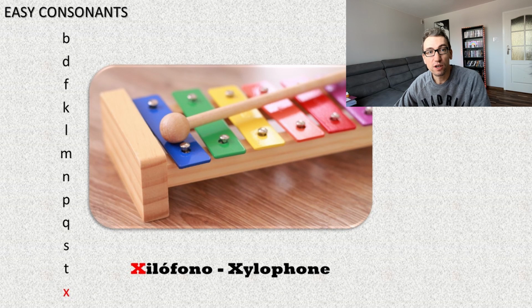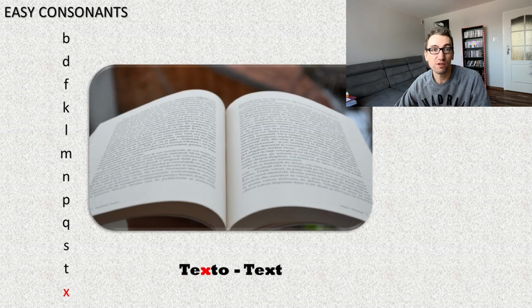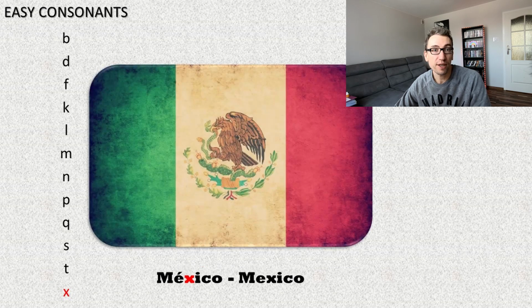If you are thinking what the heck is xylophone, you have the picture, but I can give you a more normal example, and it will be texto, it means text, or Mexico, México.